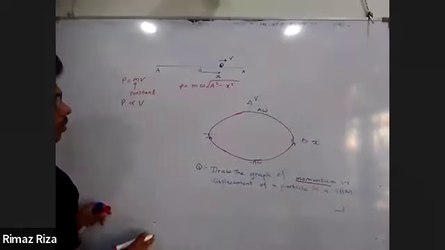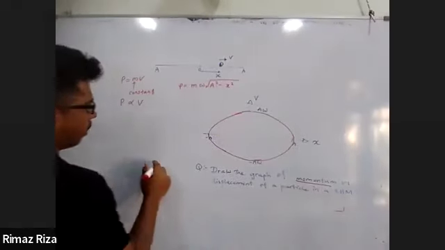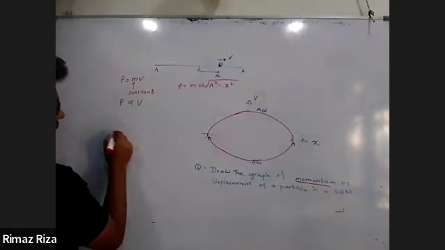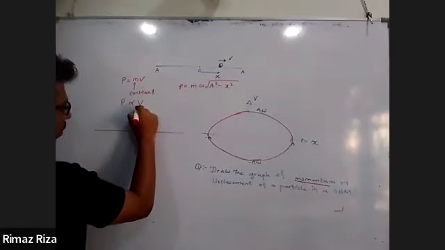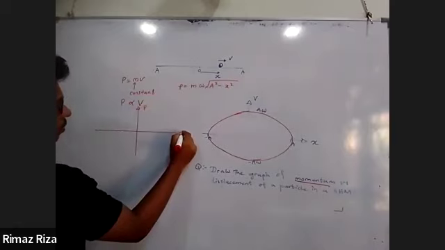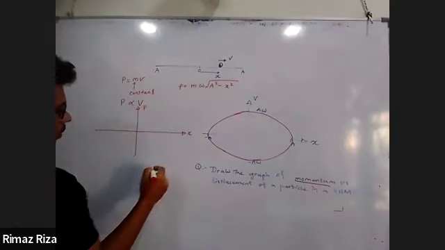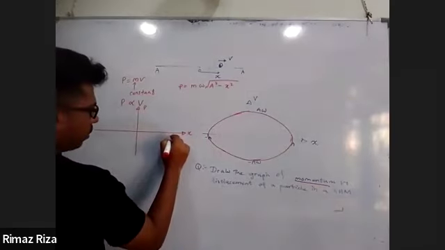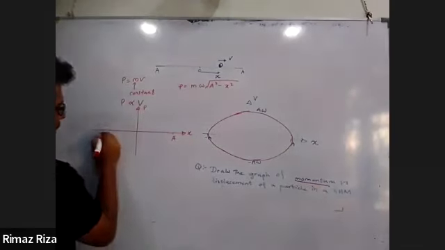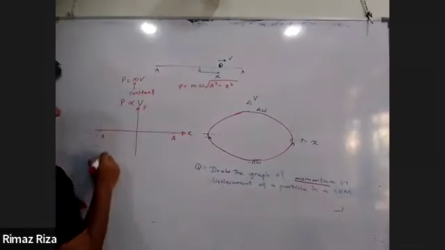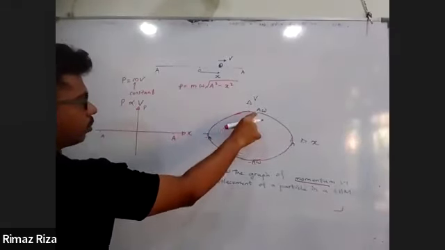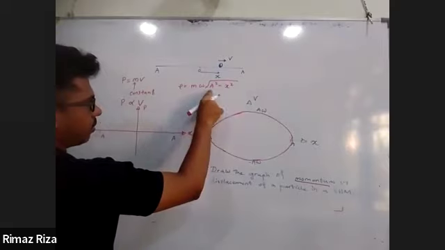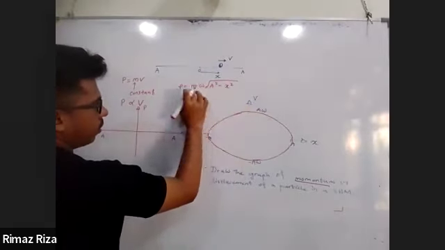Then if we plot the graph, we have momentum against displacement, where the displacement ranges from a to minus a. The momentum is omega multiplied by mass times the velocity.